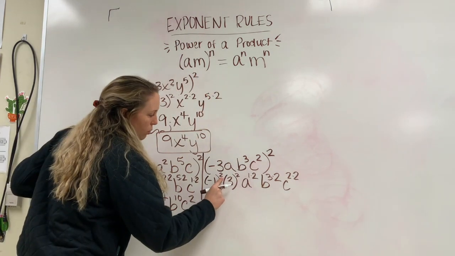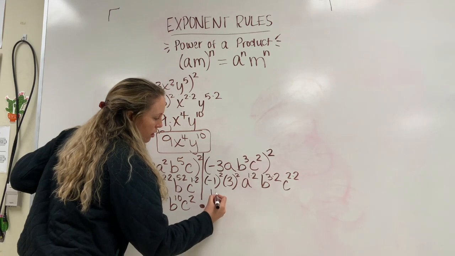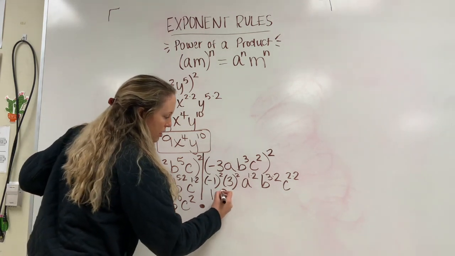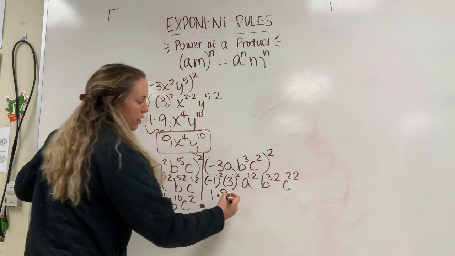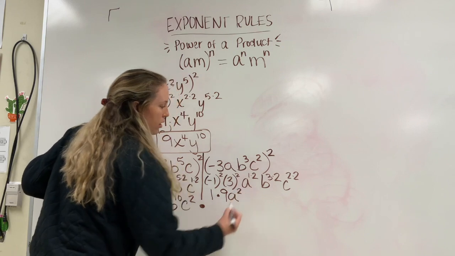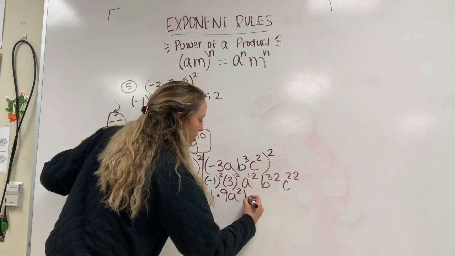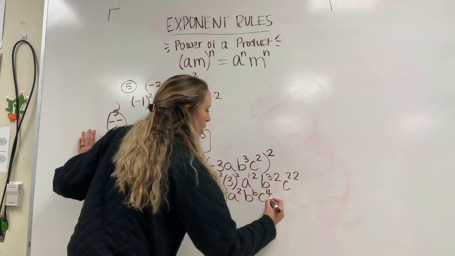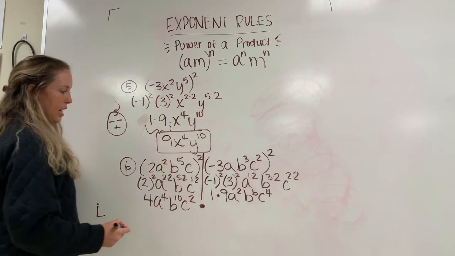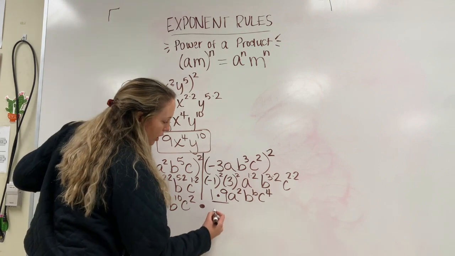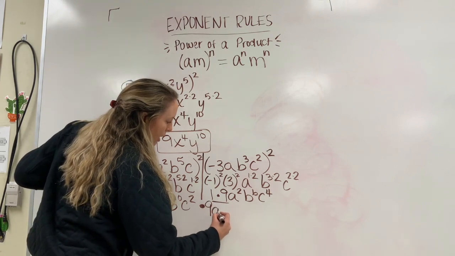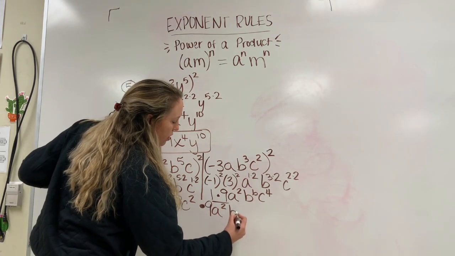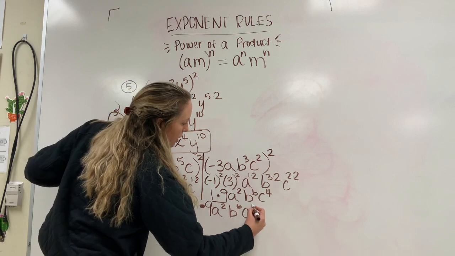Okay, (-1) squared we know is +1. 3 squared is 9. Then we've got a squared, b to the 6th, c to the 4th. All right, and now we can just simplify this part. So that gives us 9a squared, b to the 6th, c to the 4th.